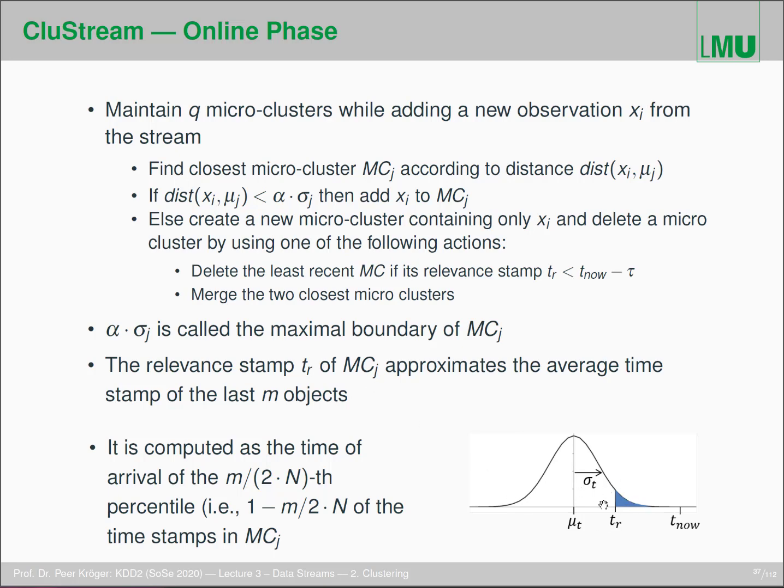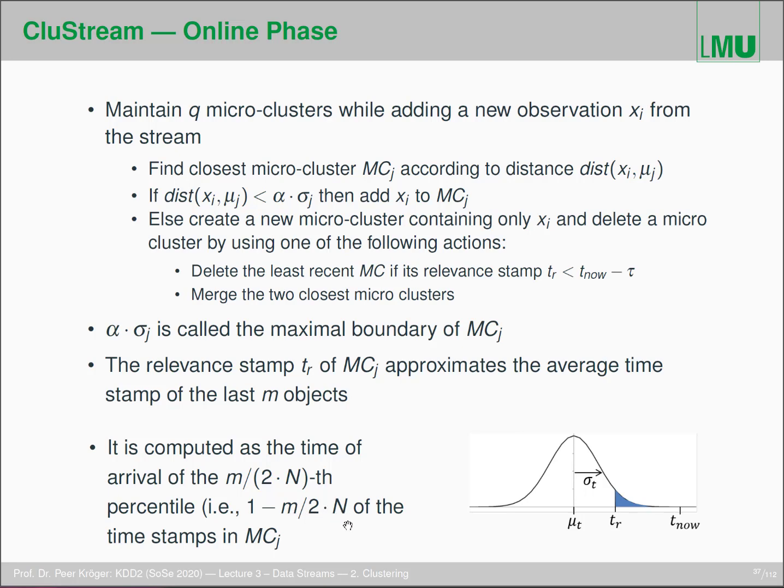So that's why it looks a little bit like this one here, but anyway. So you look at the time of arrival of this percentile here, which is, oh, there are some brackets missing, I'm sorry for that. It is just 1 minus m divided by (2 times n) of the timestamps in the microcluster. So the denominator is 2 times n, of course.